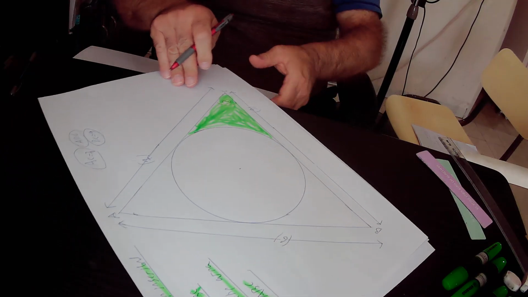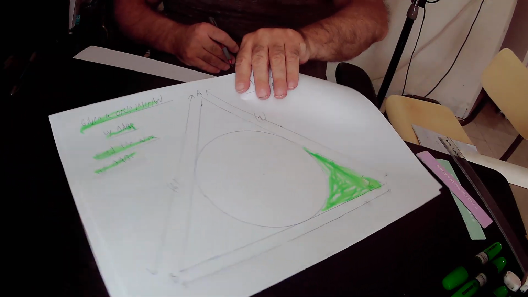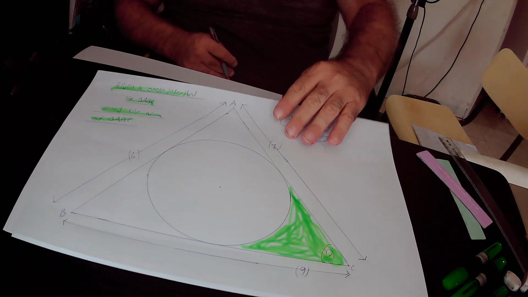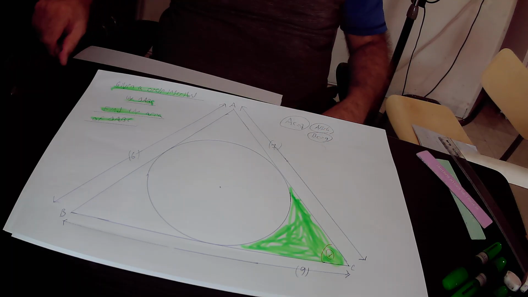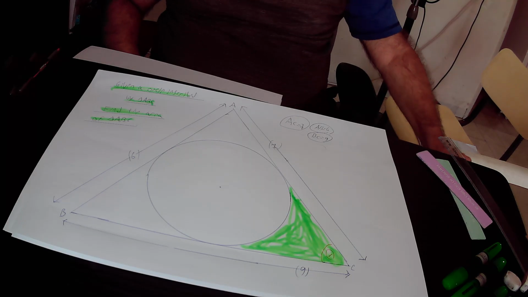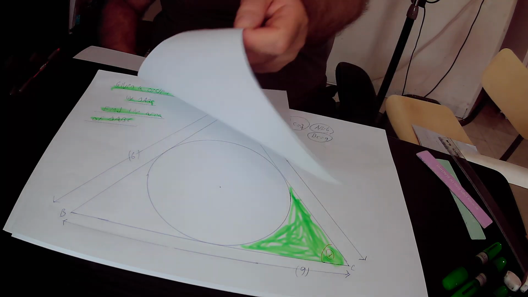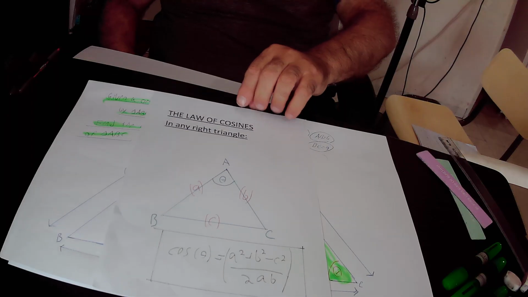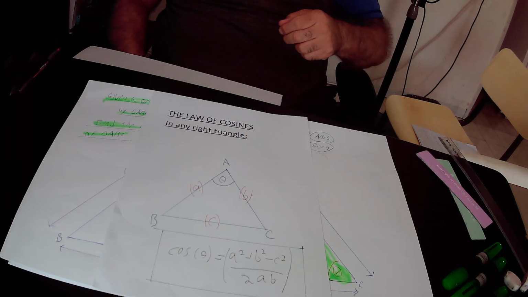So we will implement the law of cosines in this triangle ABC. A bit quicker on the law of cosines: it is true in any triangle. This is triangle ABC that could be any triangle.